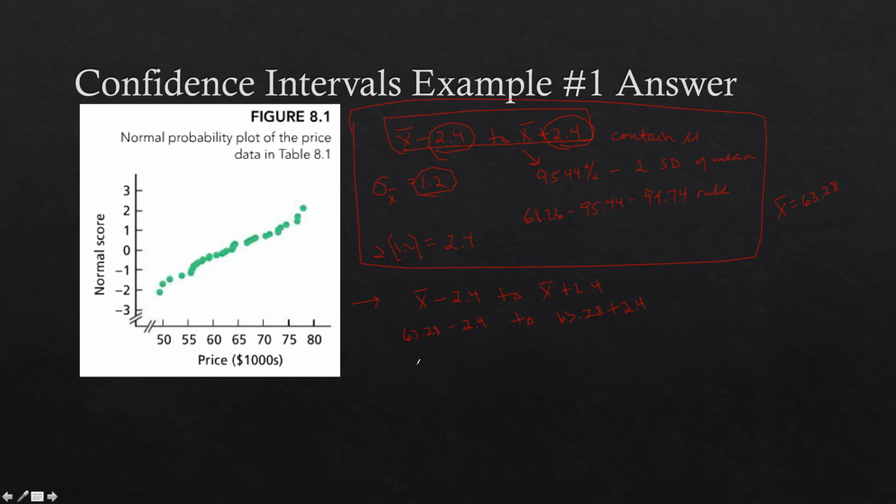Okay, so do the math there. And this is going to give you 60.88 to 65.68. So this right here, folks, would be our confidence interval for this problem.